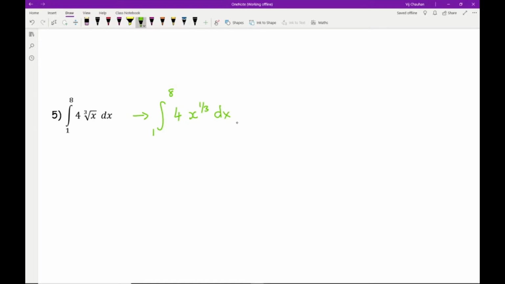Now, if the 4 was inside, so if I had the integral of 8 over 1, the cube root of 4x dx, then how that would differ with this integral is that it would therefore become (4x) to the power of 1/3 dx. So let's just get rid of this so we're not causing any confusion, and we'll go back to the question.